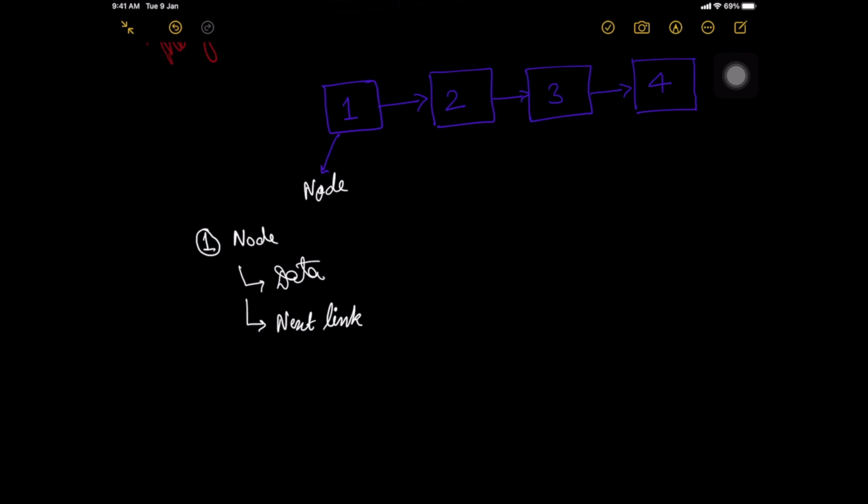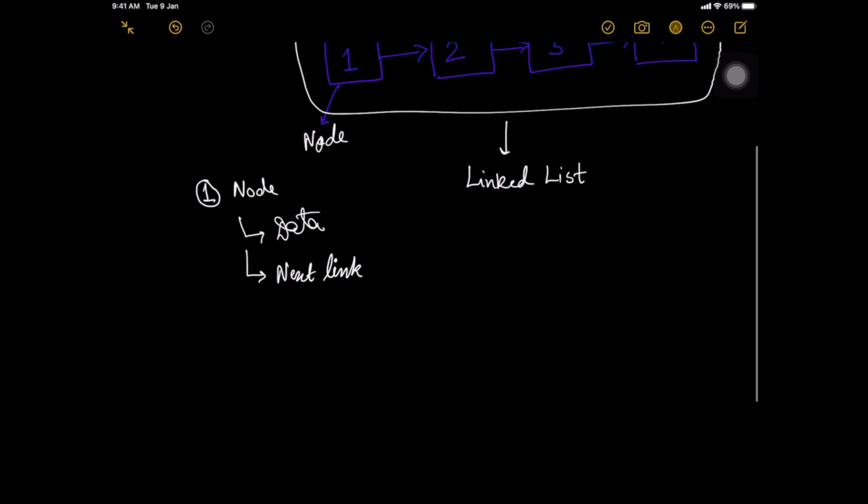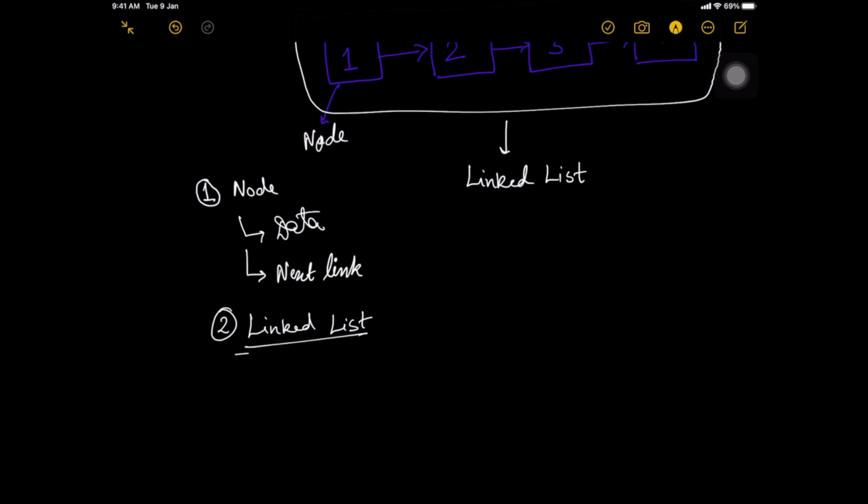And this entire component that I have, I'll call this my linked list, right? So one thing I have is node. Now what is my linked list? My linked list is a linear collection of all the nodes, right?